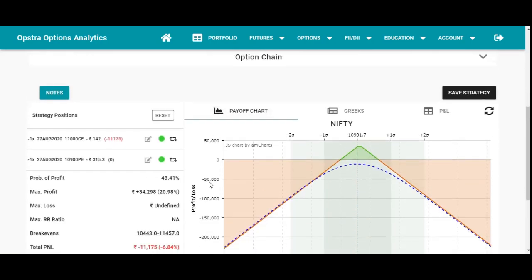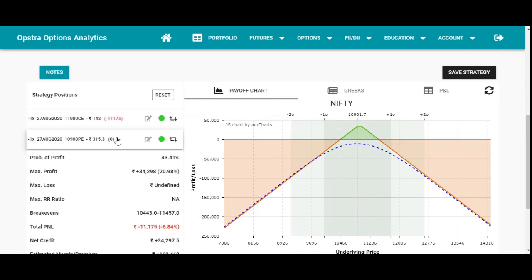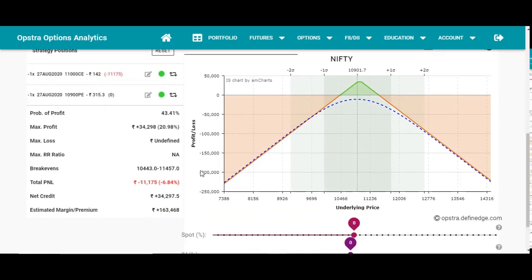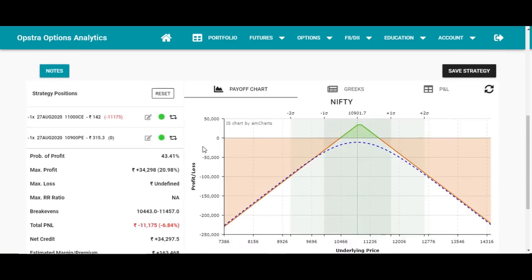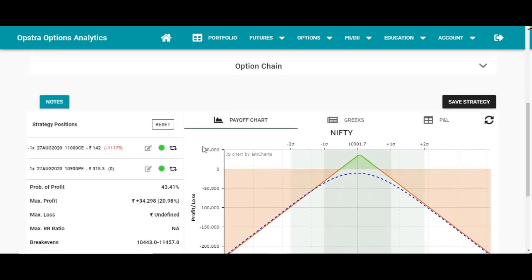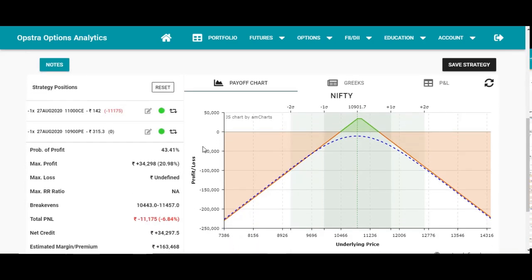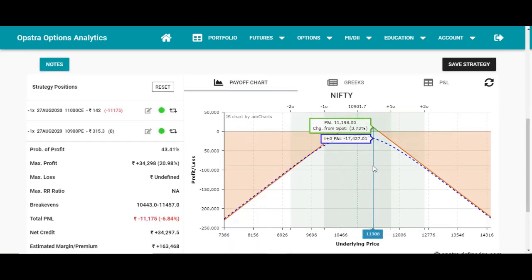What we have done is simply shorted only one put option, and we can see that our break even has moved 300 points further upside. I would request you to keep option adjustments simple, so that even if something goes wrong, we can do further adjustments in a simple way.